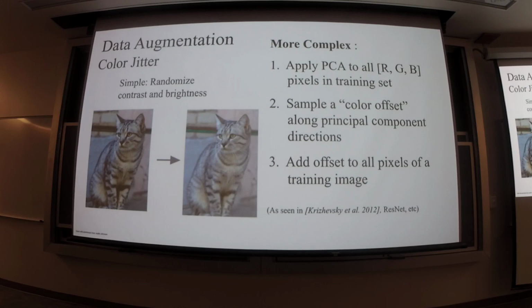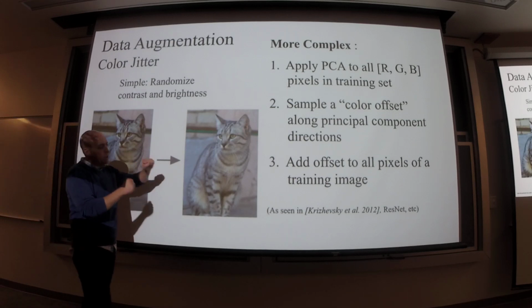So you run PCA on all of your data, channel by channel, and you take your principal components. That tells you in which direction the color is changing the most, and then you add or subtract along that direction.